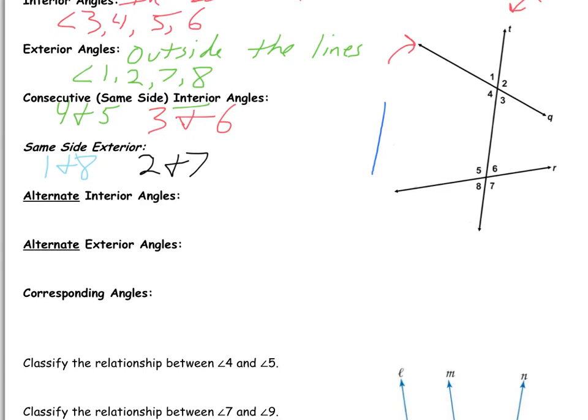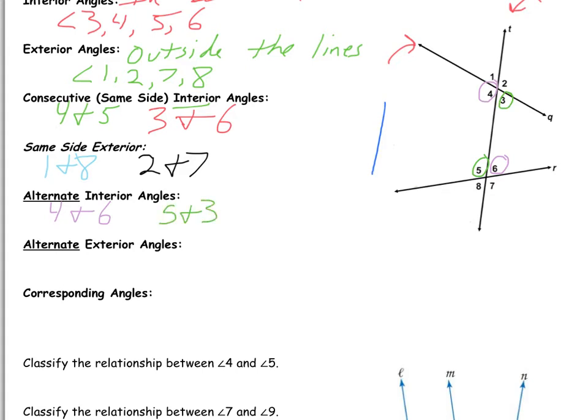Alternate interior angles. We're talking now about interior angles that are on opposite sides, alternate sides. So an example of this would be angle 4 because it's interior, and angle 6. So that would be a pair of alternate interior angles. Another pair would be 5 and 3.